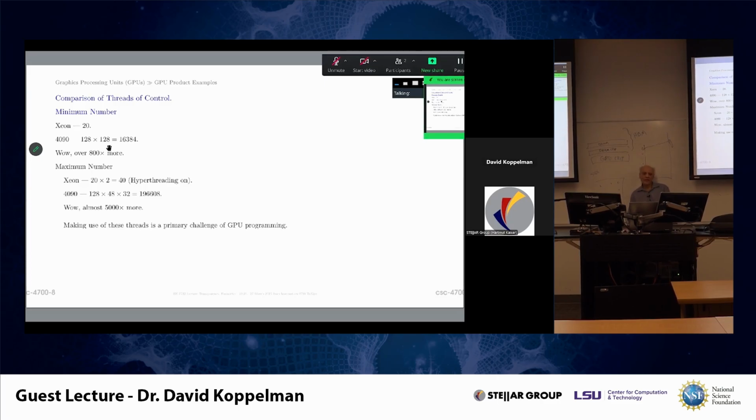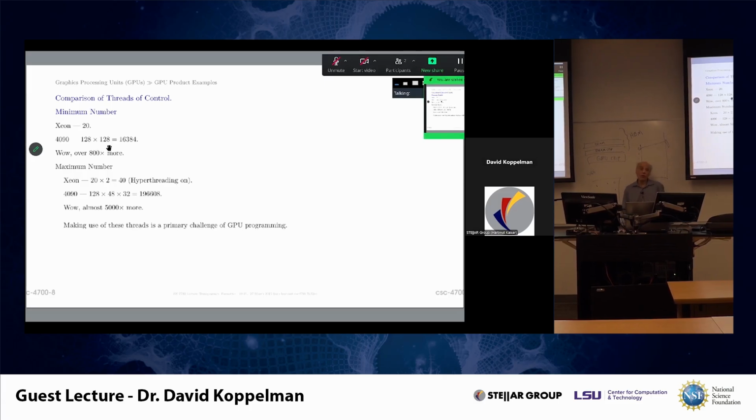So 16,384 threads of control. Now, when I say thread of control, the way to think about it is a burden on the programmer, because you need to take that parallel algorithm and find work for all of those threads in such a way that you get speedup.